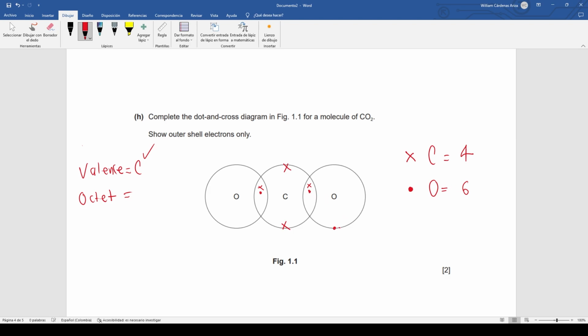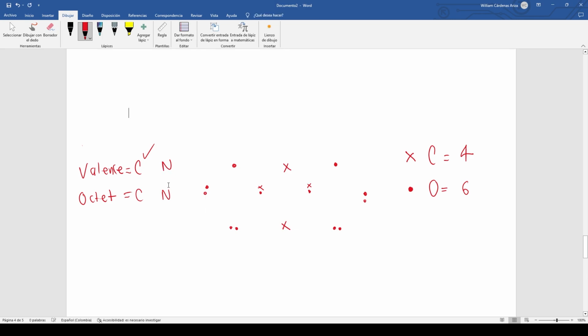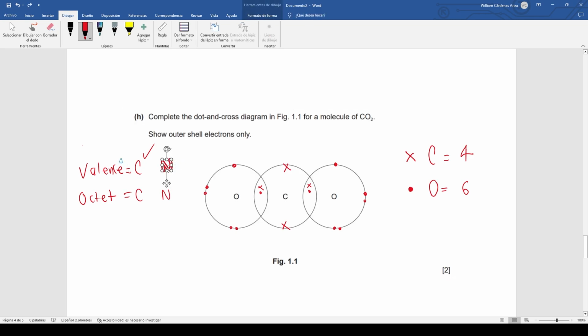And let's try to put the other 5 electrons to complete the valence. Okay, so it's going to be the same in the other one. Sorry, this is oxygen here. Okay, and for the carbon, the valence is correct, 1, 2, 3, 4.